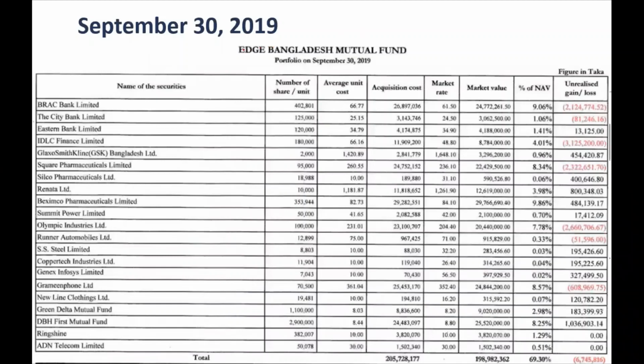Now let's think from the perspective of an institutional investor. You see the institution name? This is the H Bangladesh Mutual Fund. It is of September 30, 2019.